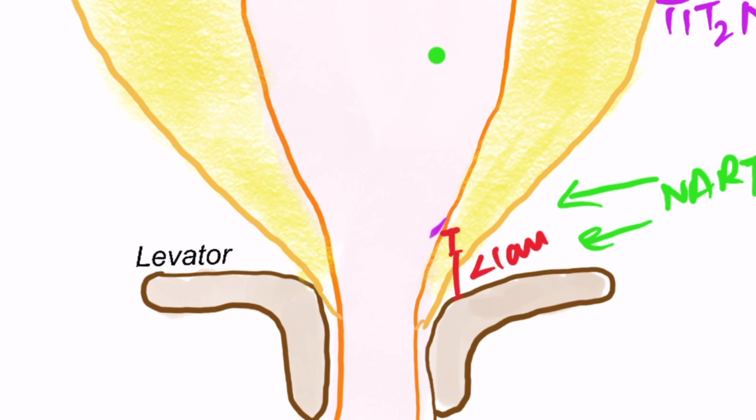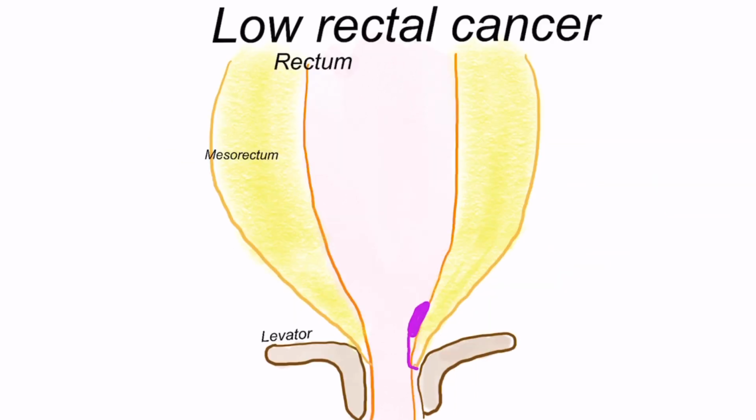If rectal cancer is involving external sphincter, then abdominoperineal resection is done, which means removal of rectum and anal canal with permanent colostomy. APR is of two types, standard and extralevator.